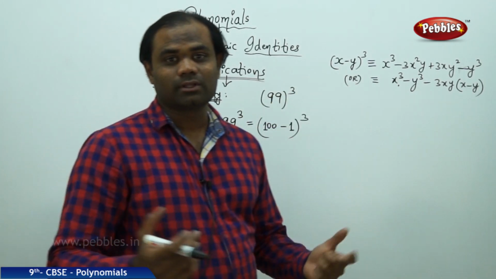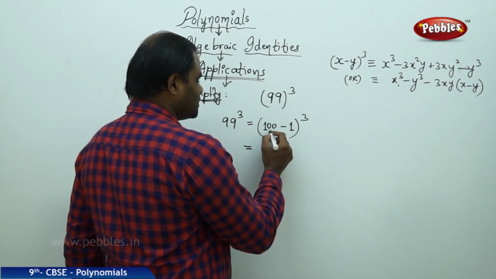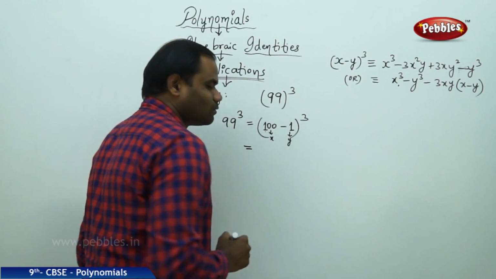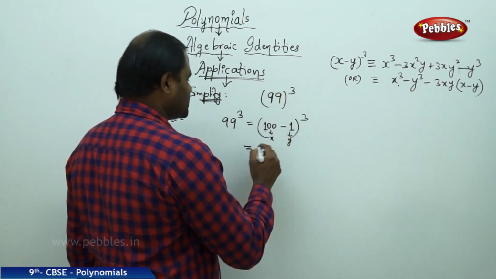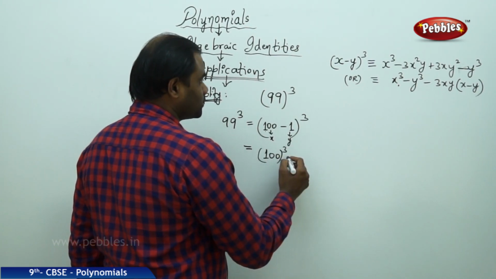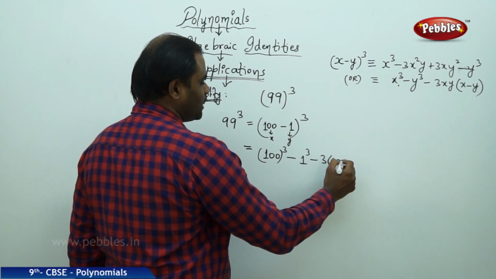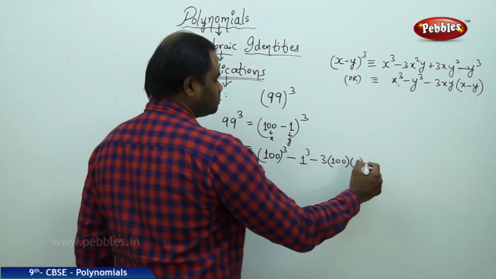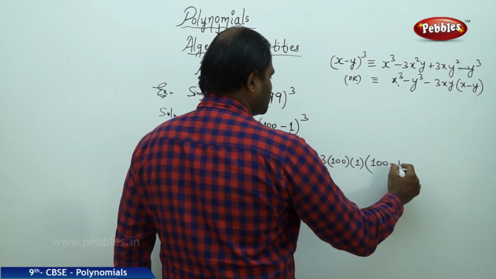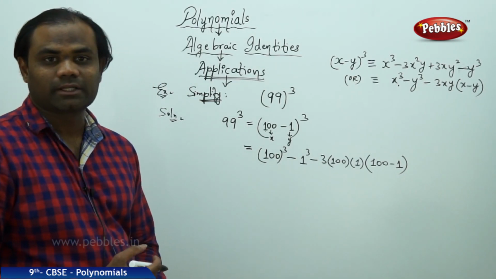So let's see how the expansion proceeds. I treat 100 as x and I treat 1 as y, so that this gets reduced to x cube, which is 100 cube, minus 1 cube, minus 3xy into x minus y, is what we get when we expand.